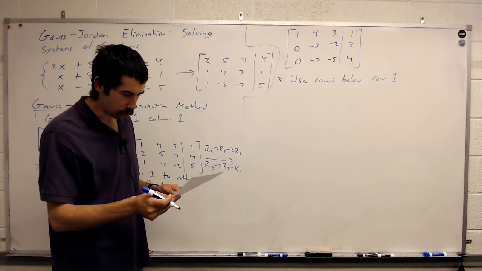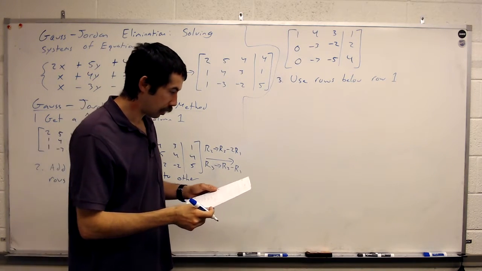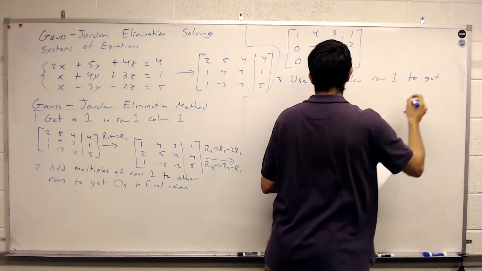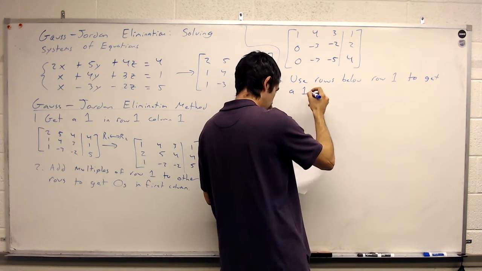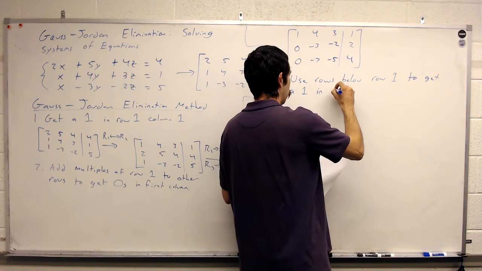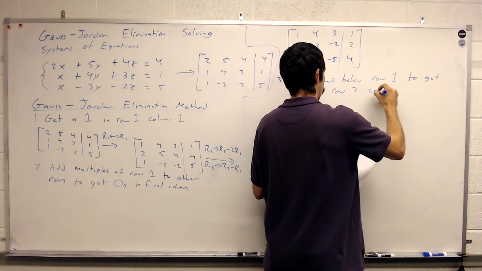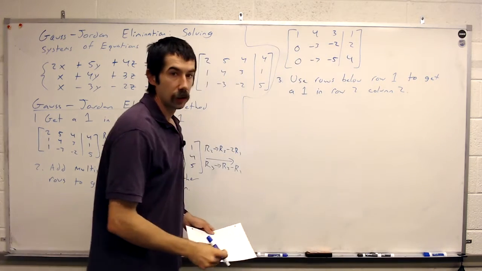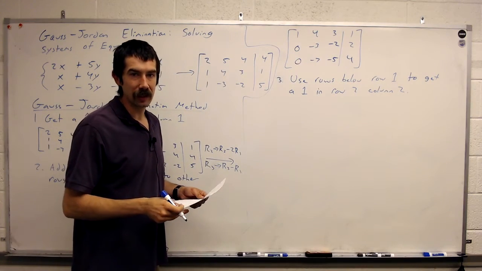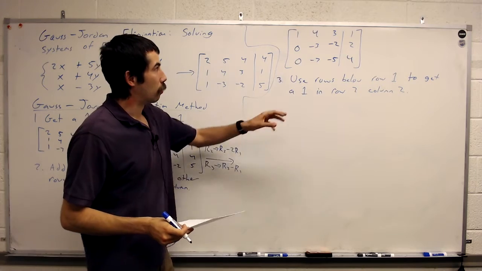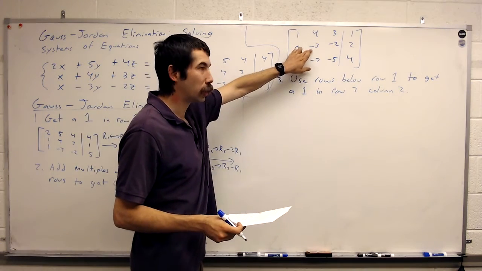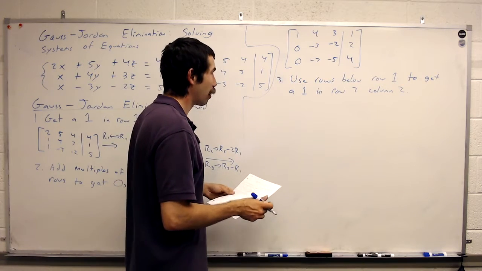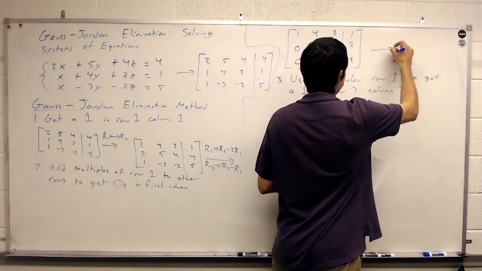So use rows below row 1 to get a 1 in row 2, column 2. So there's a number of ways we could do this. Right? We could double row 2 and then subtract off row 3. That would work. The simplest way is I'm just going to scale it.